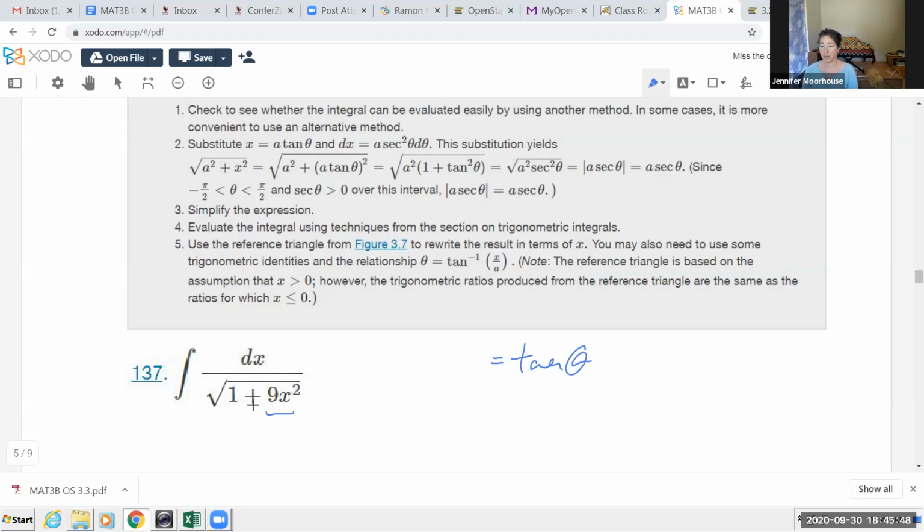So if this 1 plus 9x squared is going to turn into a 1 plus tan squared, then that 9x squared, the whole thing, has to be tangent squared, which means tangent is going to be what?